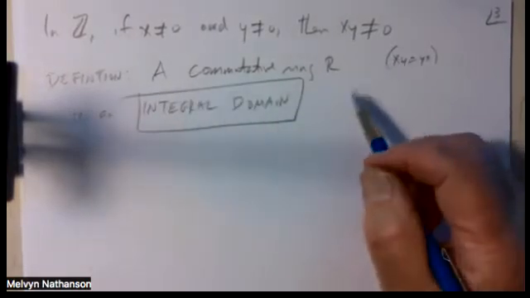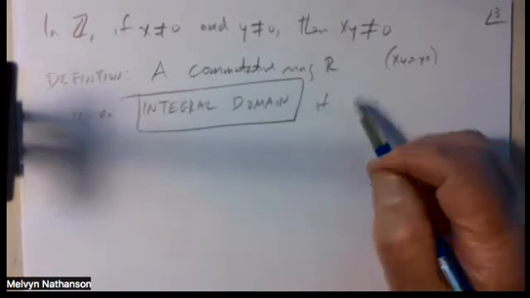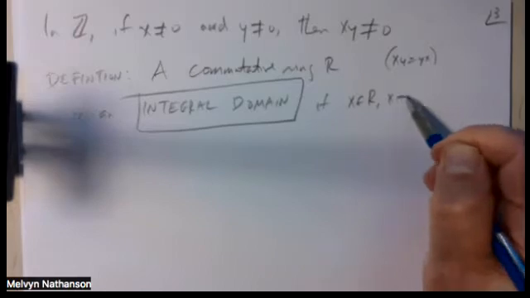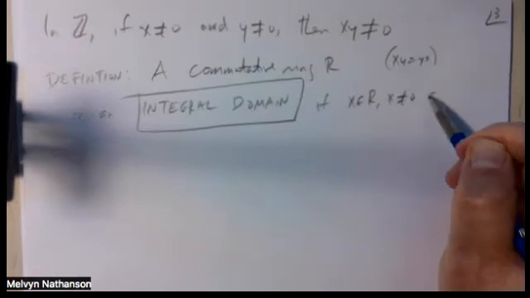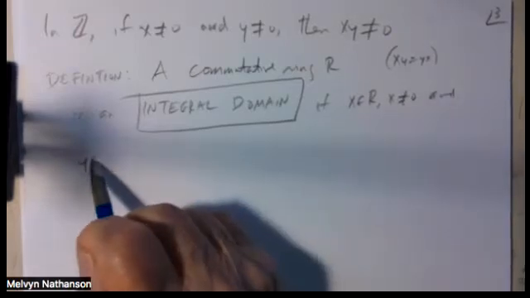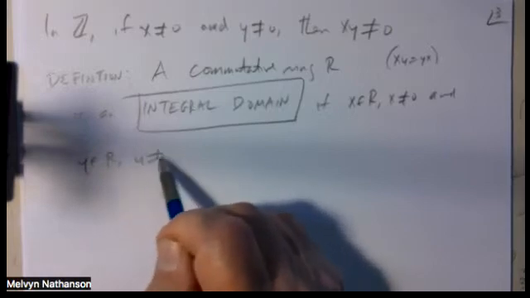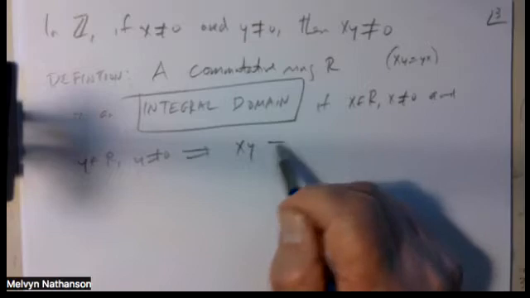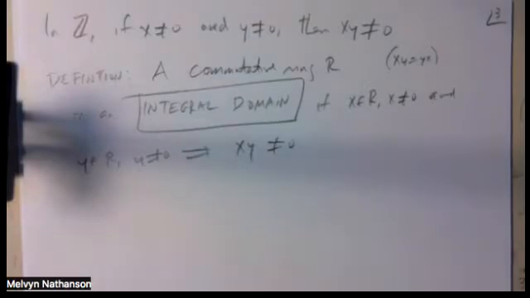So this is the term we're defining. If x in R, x different from 0, and y in R, y different from 0, implies the product xy is not equal to 0. That is, the product of two non-zero elements stays non-zero.